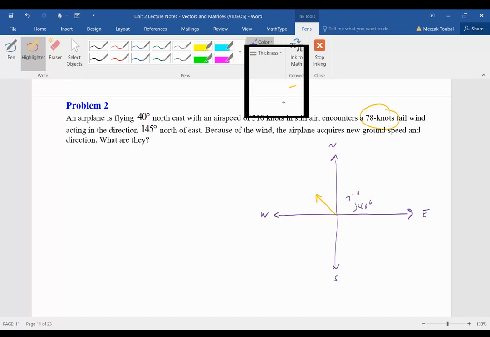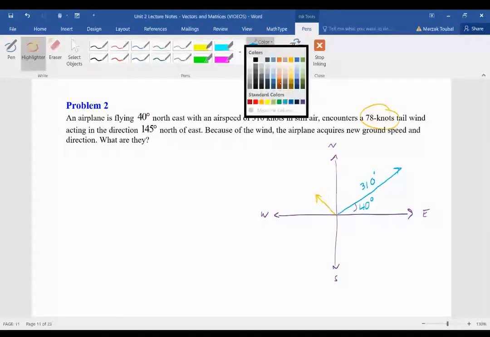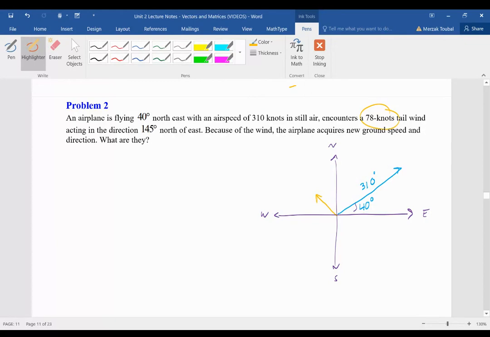Okay, it's not drawn to scale. So 310 is the magnitude, and the angle we said is 40 degrees. And then the wind, we said the angle is 145. This is 145.